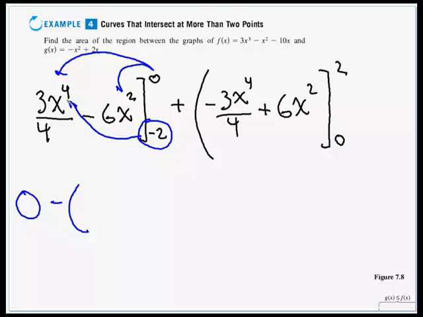Since it's an even exponent, it's going to become a positive value, and 2 to the 4th, 2 times 2 is 4, times 2 is 8, times 2 is 16. That becomes 3/4 times 16. And then we are minusing, plug that negative 2 in here. Negative 2 squared is 4, positive 4, times 6 is 24.